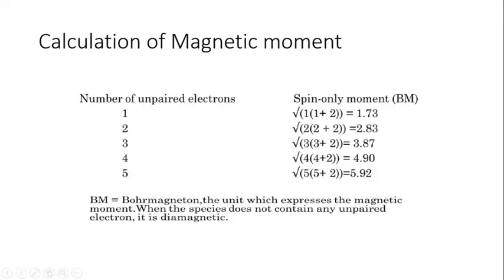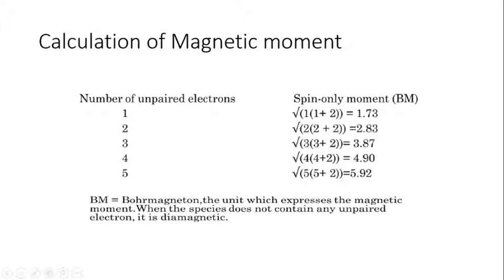Here mu is the magnetic moment, and we are only considering the unpaired electrons, so the magnetic moment is only from spin contribution. So it is a spin-only moment, and the unit of this magnetic moment is BM.